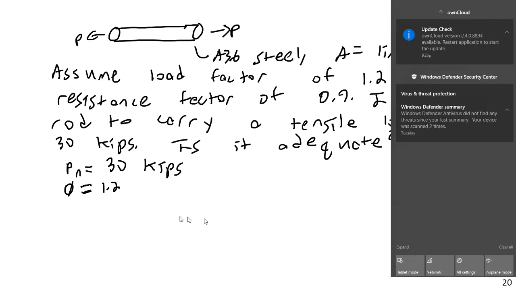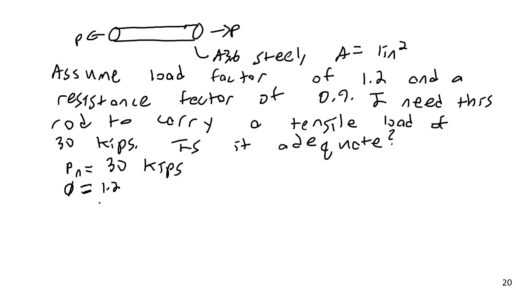And so then, in turn, I can get phi RN, or phi PN. This is going to be 30 times 1.2, and that will come to 36, I believe, if I can math correctly. Yes, 36 kips.